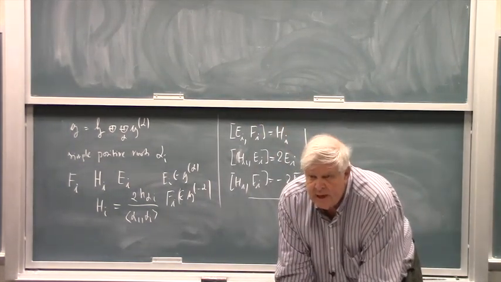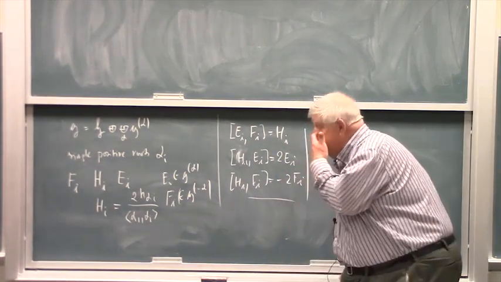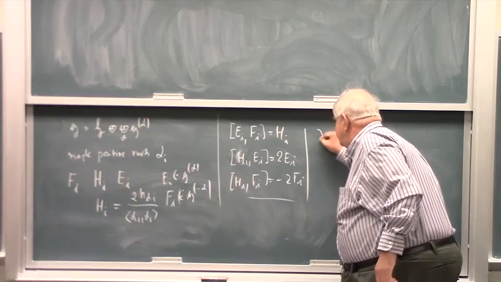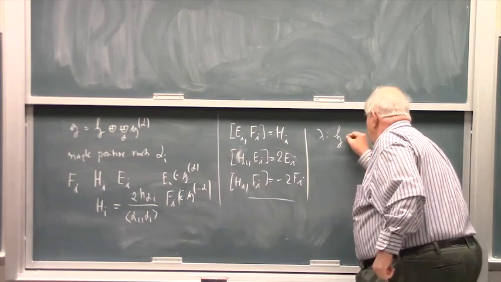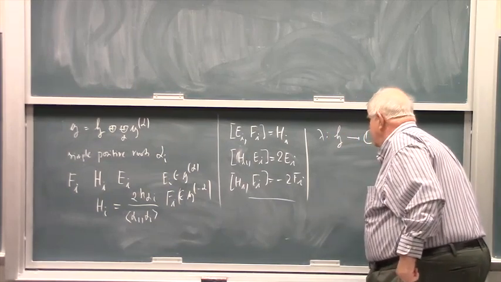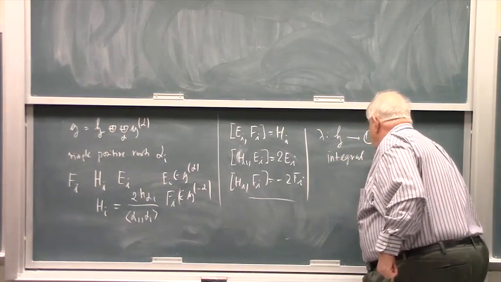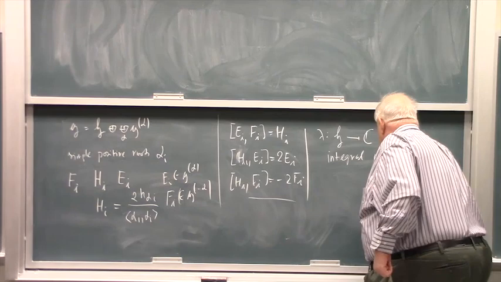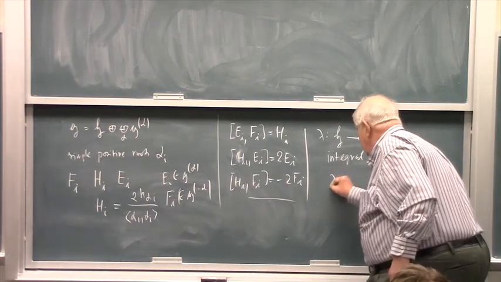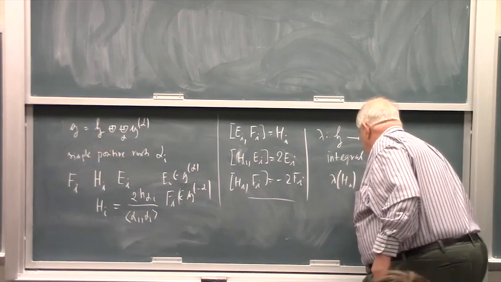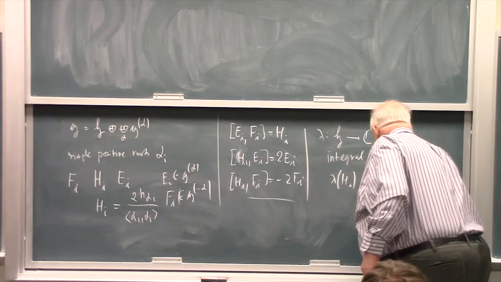At the moment I don't need EI and FI, but I do need HI, because now I can say that a linear map lambda of H into C is called integral dominant weight, integral dominant, if lambda of HI is a non-negative integer.